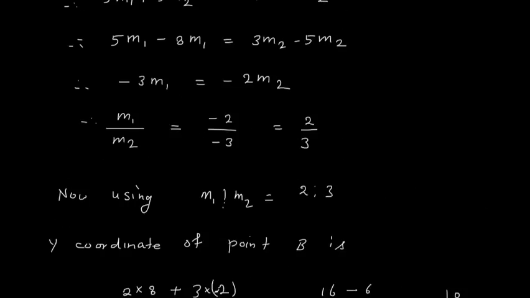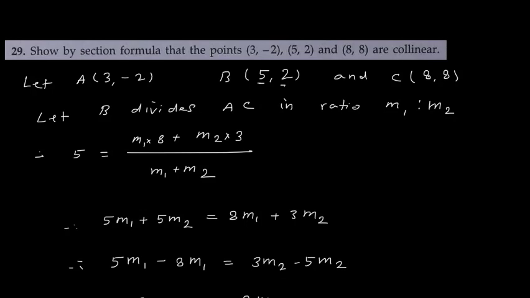This is question 29. Now the 30th question is find the value of P for which the points (-5, 1), (1, P) and (4, -2) are collinear. So I will say that point A, that is (-5, 1), B, that is (1, P), and C, that is (4, -2) are collinear.